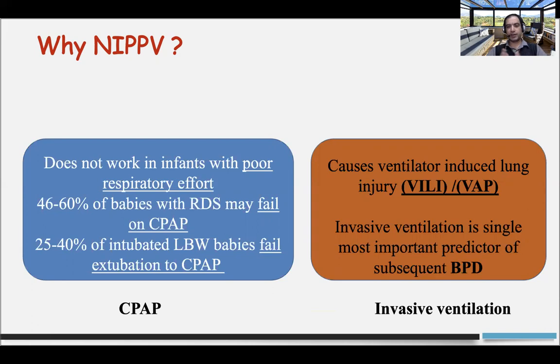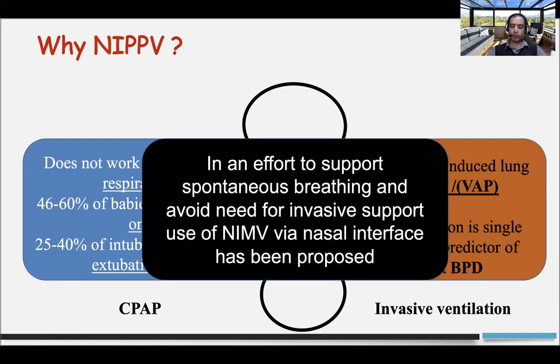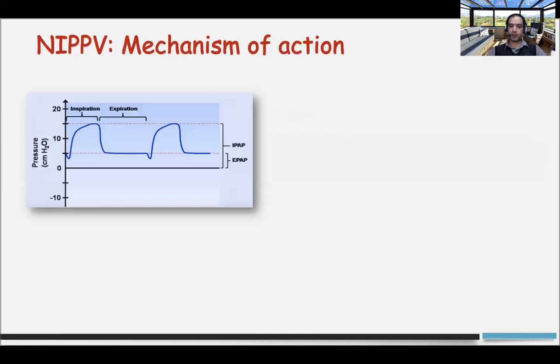Therefore, we need something which can overcome the shortcomings of CPAP and which avoids ventilation associated side effects. For that, the modality known as NIPPV was devised to help the babies who are likely to fail CPAP and prevent them from going on to ventilation.